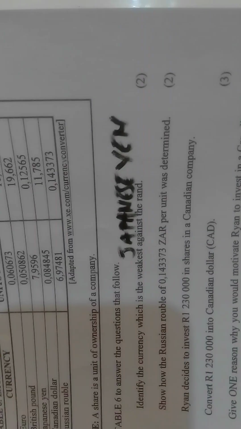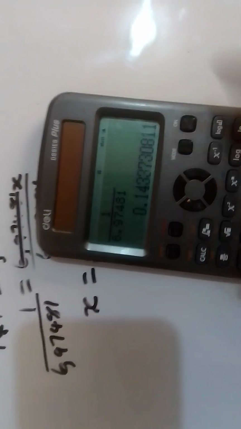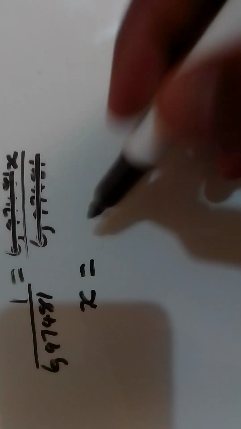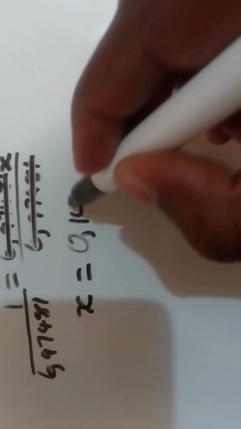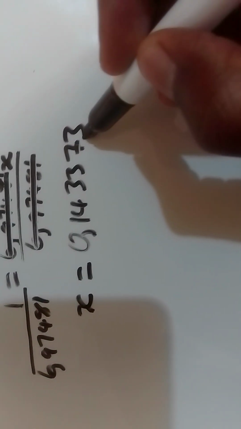As a matter of fact, the examiner rounded off because, as you can see, it continues. So x is equal to 0.143373. That's how we do.